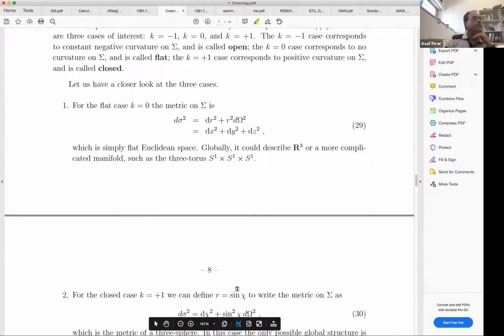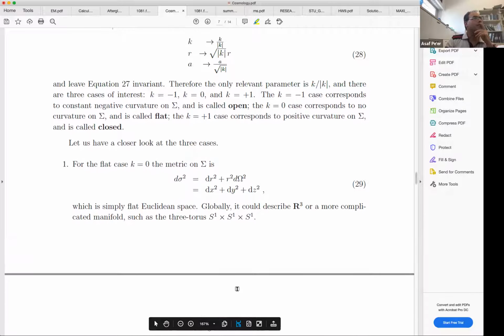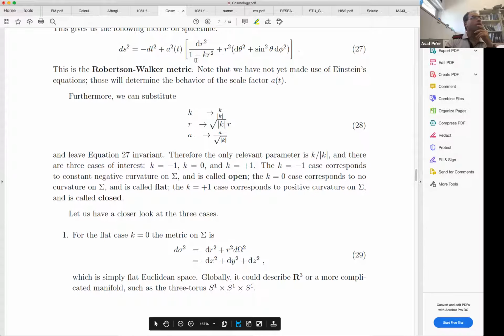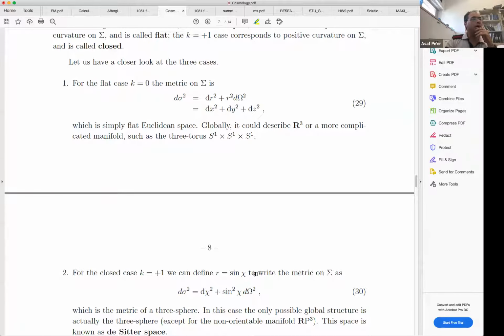Right? So if we write r is equal to sine chi, then 1 minus r squared is just 1 minus sine squared of chi, which is just cosine squared of chi. And dr is just cosine chi d chi, and so the cosine squared in the numerator and in the denominator would cancel out.